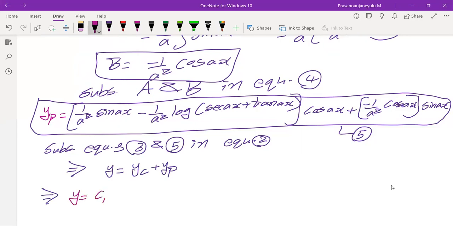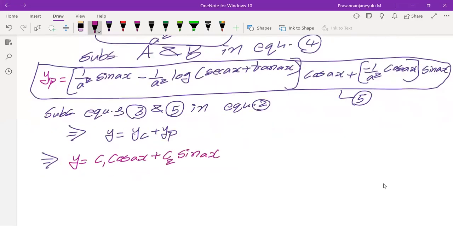Yc is c1 into cos ax plus c2 into sin ax, plus, sorry, what is yp? yp is nothing but cos ax into all of this. So plus 1 by a square into sin ax minus 1 by a square into log of secant ax plus tan ax.